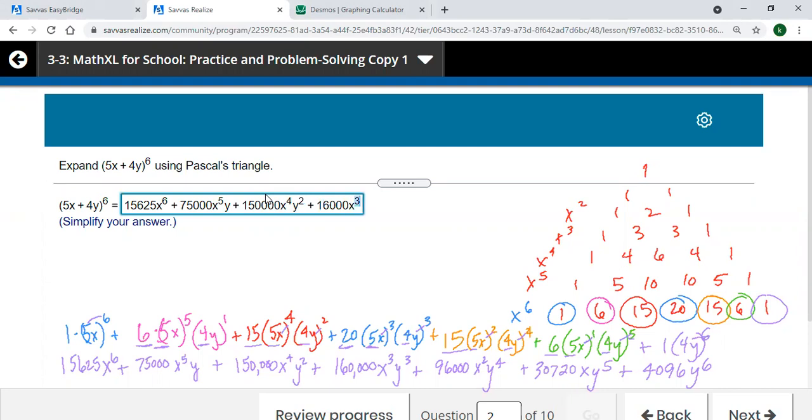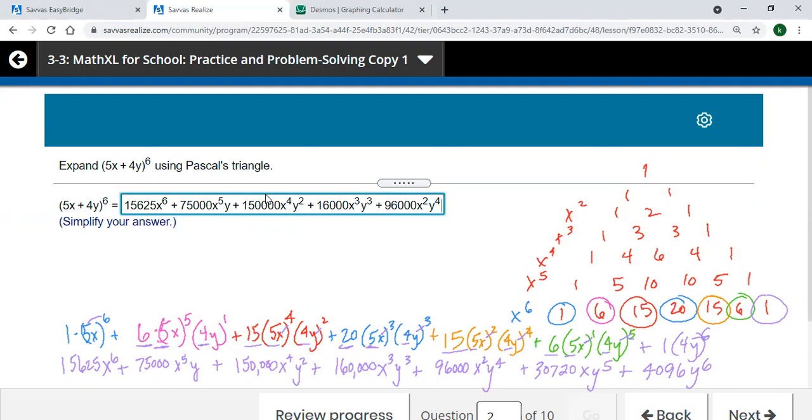x to the third y to the third plus 96,000 x to the second y to the fourth. All these exponents are always supposed to add up to 6. It looks like so far that part's right.